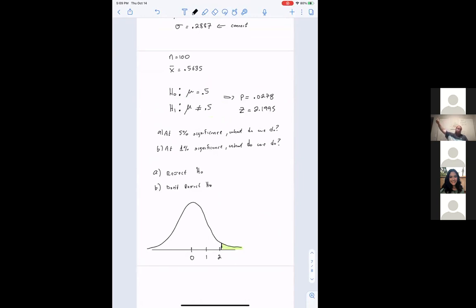Getting numbers far to the right like we did, or getting numbers where? Far to the left.